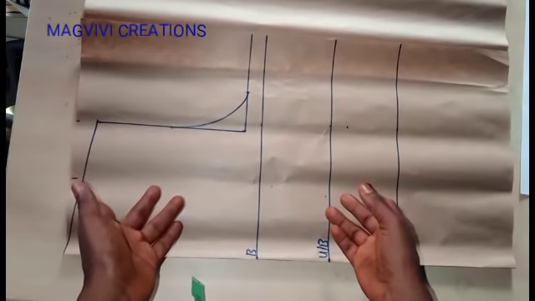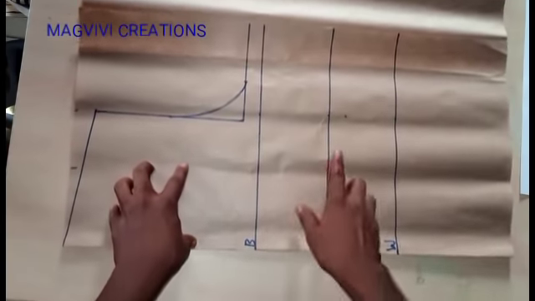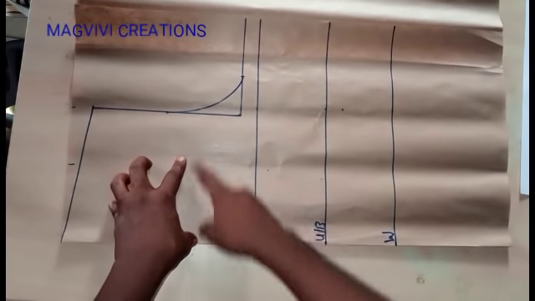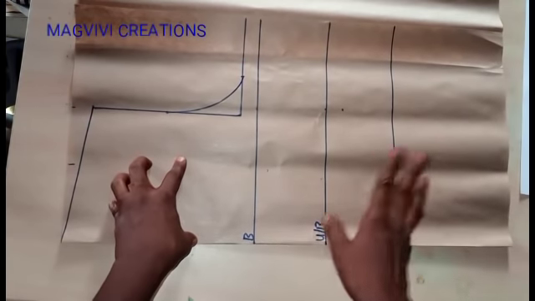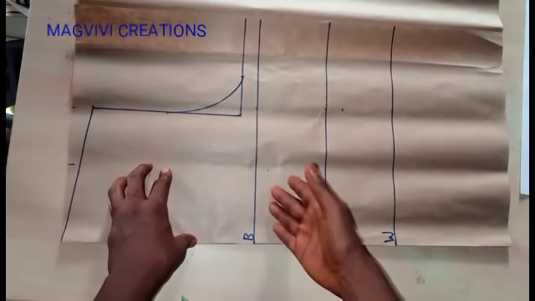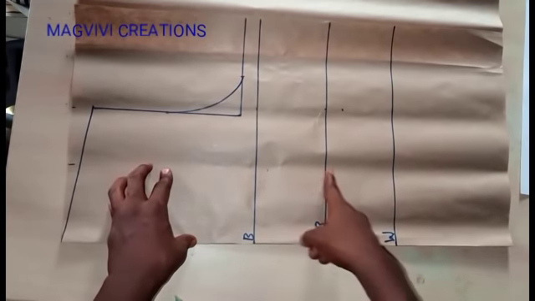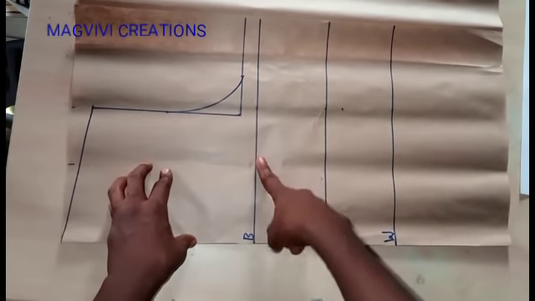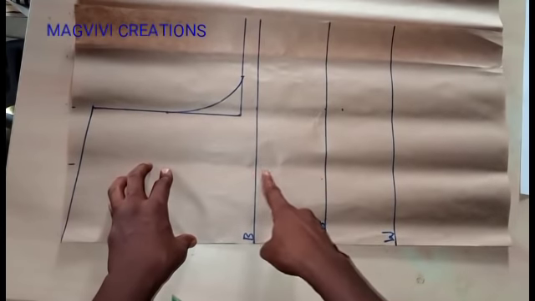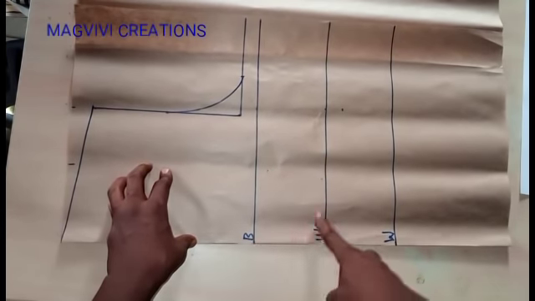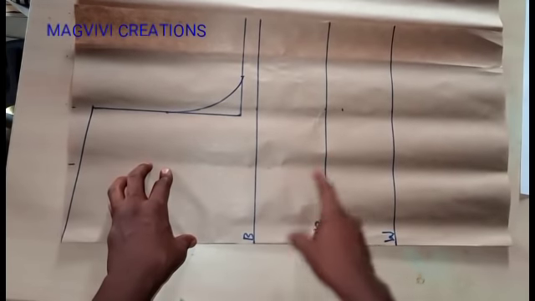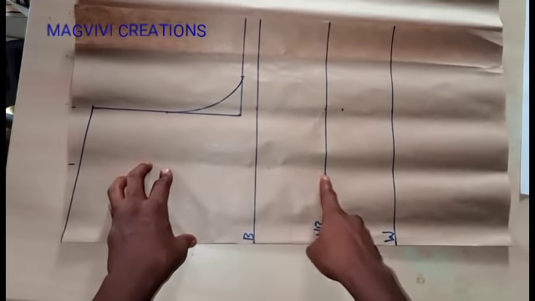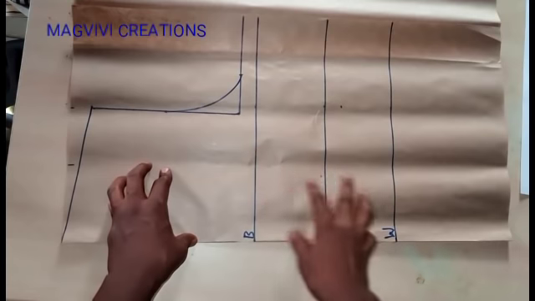In the previous method I taught, we had to use the difference between the bust and the under bust to mark a circle. So the subscriber is asking, what happens whereby the difference between your bust and the under bust is wider than your bust span? Because we had to mark a circle, and the circle will fall into your bust span. But now the issue is, what if the difference between your bust and the under bust is longer than your bust span? What do you do?